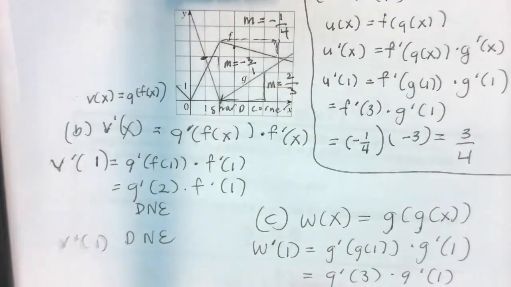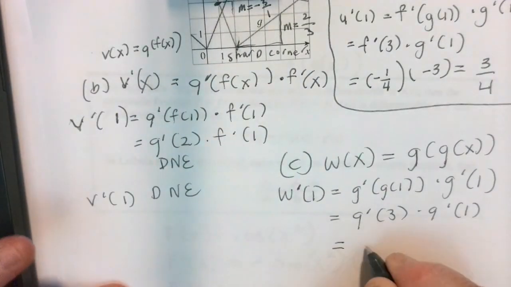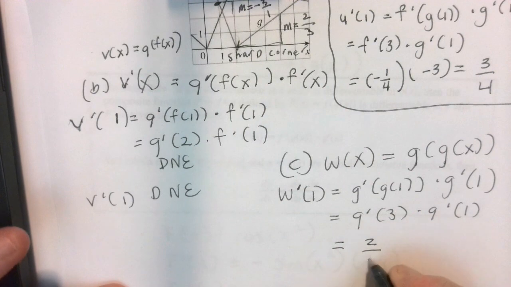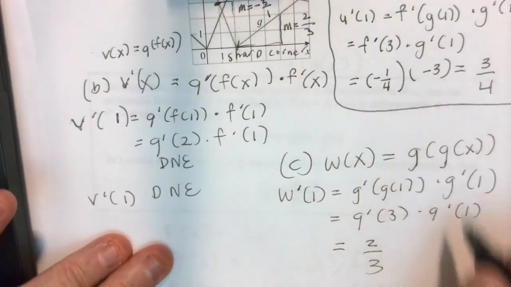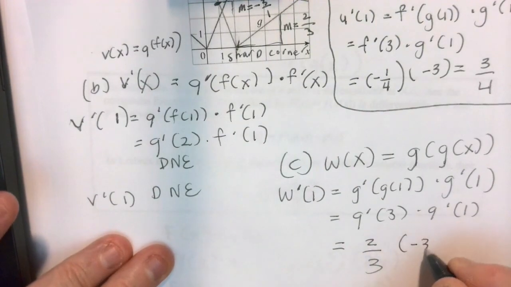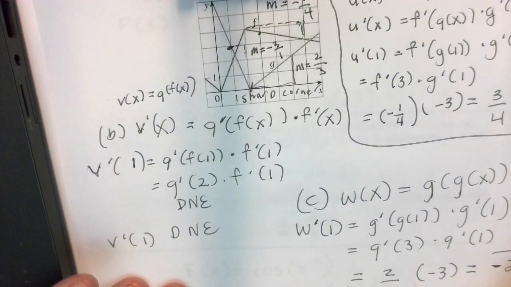So then g prime of 3 is going to be equal to 2/3. And then g prime at 1, we had already figured that out. That was -3. And then that's going to give me a -2. So I've got all my answers there.